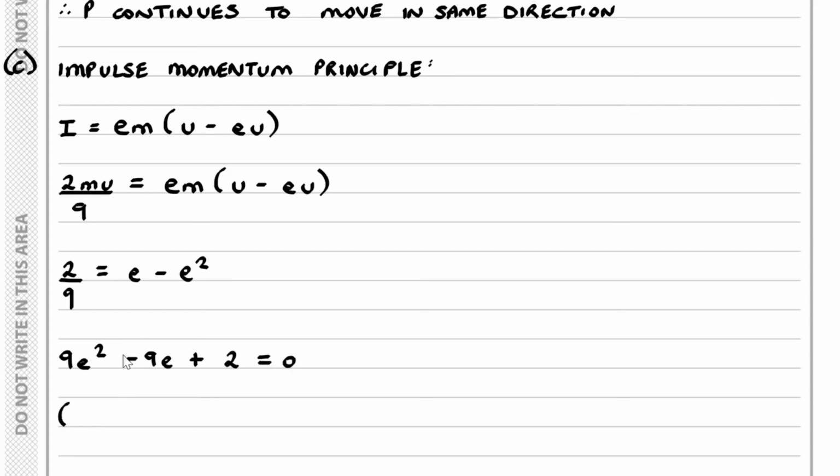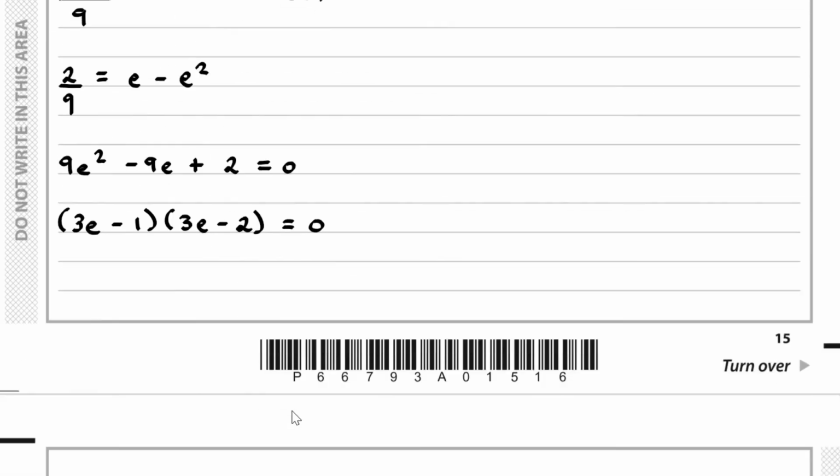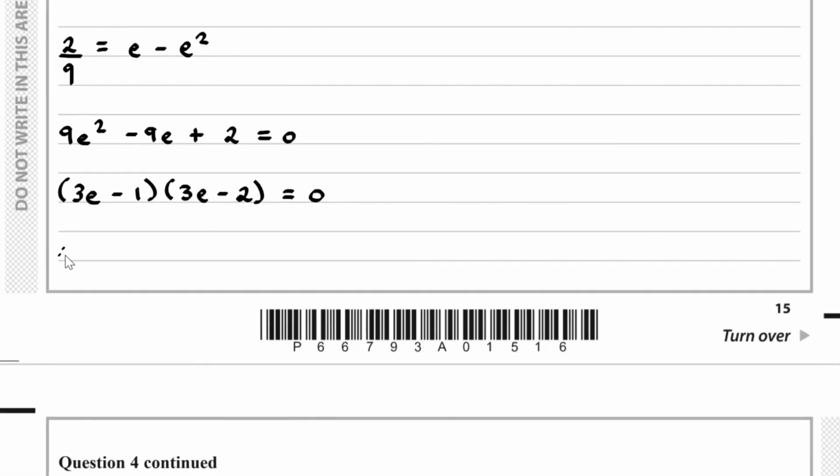So factorising, I have 3e minus 1 lots of 3e minus 2 equals 0, from which we can conclude e could either equal 1/3 or e could equal 2/3.